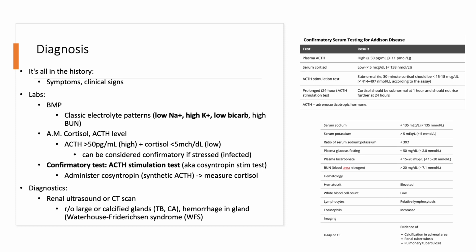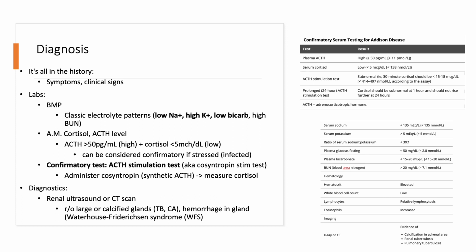This is not a hypervolemic hyponatremia like in heart failure or cirrhosis. This is a hypovolemic hyponatremia. They're going to have a high potassium, not necessarily acute renal failure. Probably have a low bicarbonate because they can't make it. Maybe a high BUN.